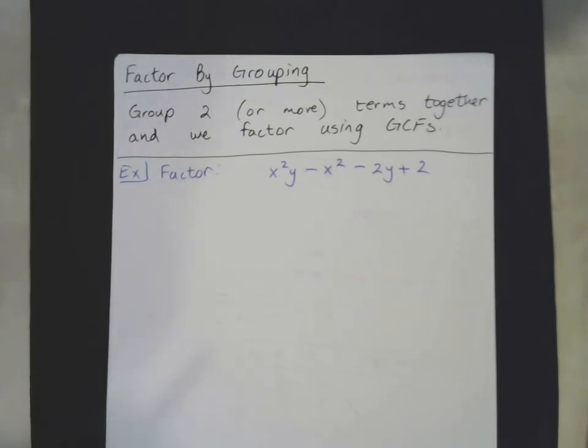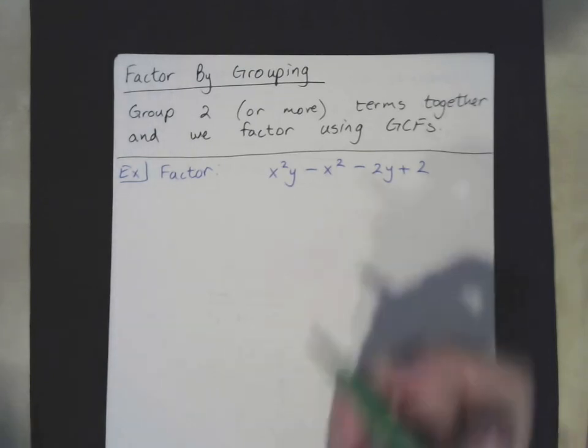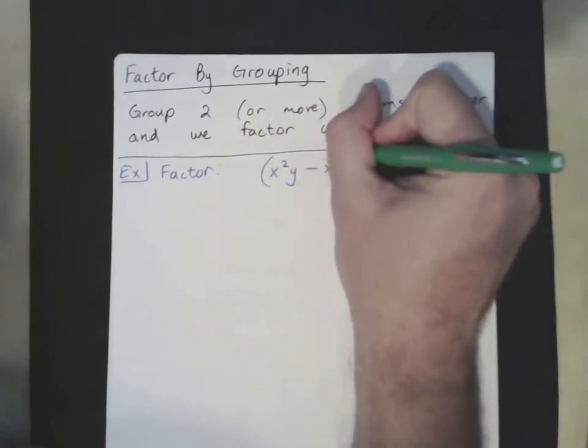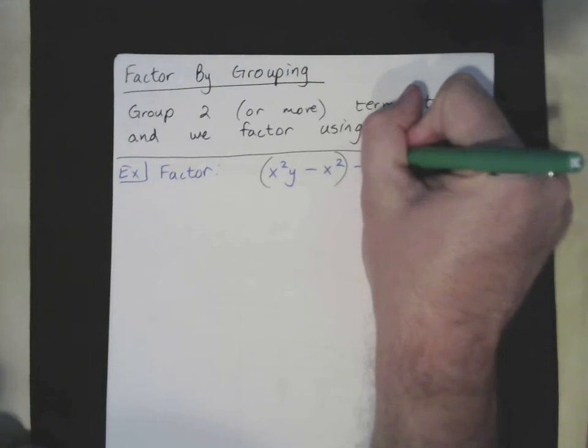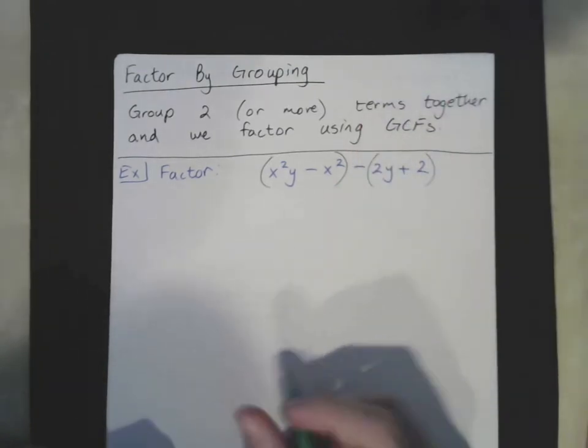So what we do is we force a grouping, because our order of operations, if you remember, parentheses are just a grouping term. And so we can force parentheses in without changing what it's equal to. So I'm going to group these two together with parentheses, and I'm going to group these two together with parentheses.